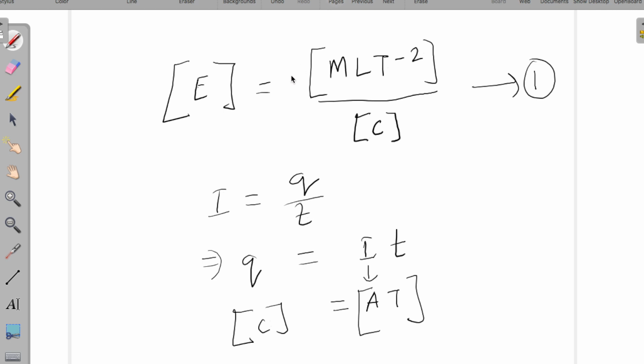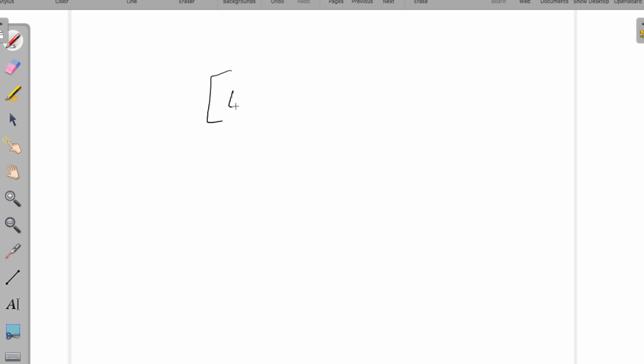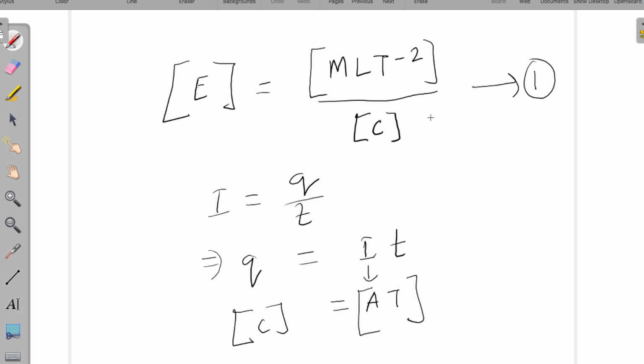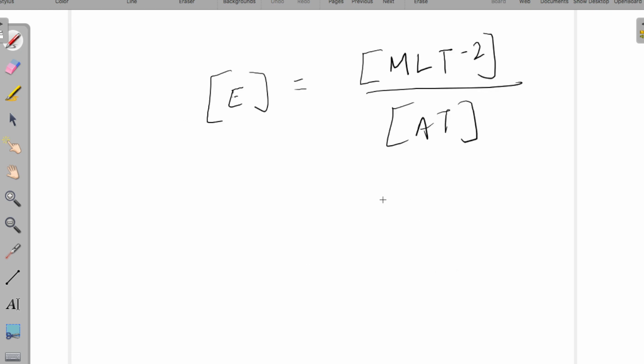After simplification we can write MLT to the power minus 2 over AT. The dimension of charge is just replaced by AT. So after simplification you write in the same line MLT to the power minus 3 A inverse.